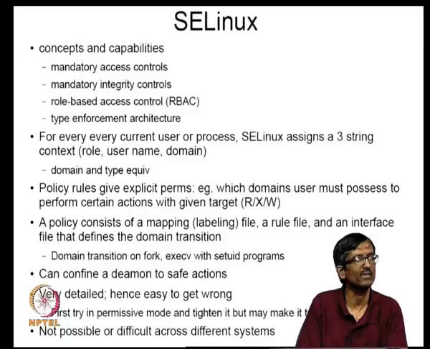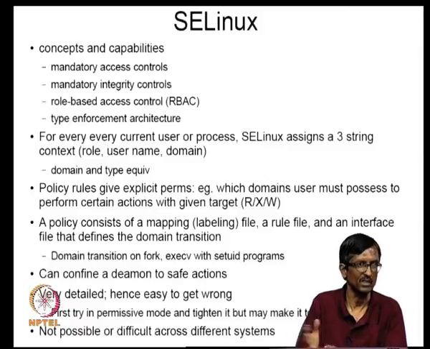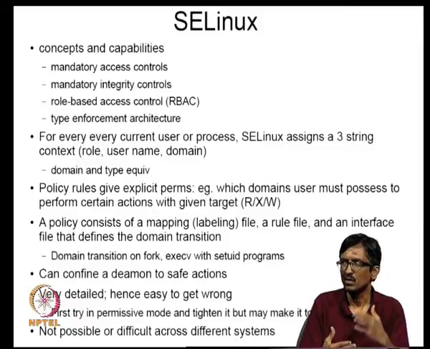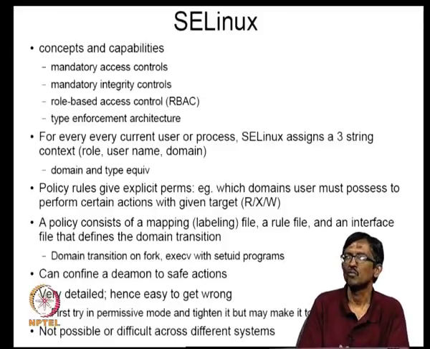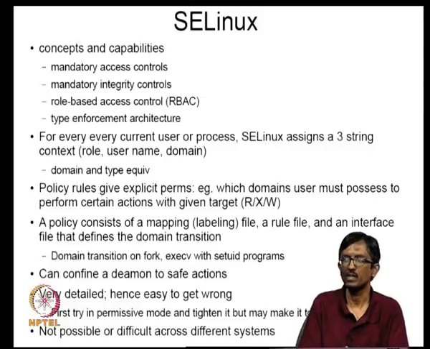For example, you might say that a particular domain can access /bin, or a certain program can access a certain daemon, for example, can access /var/log something. Okay, so you specify in your policy rules which domain can access what, where. Okay, and it is going to be checked every single time. If it is not satisfied, then the access will not be allowed.